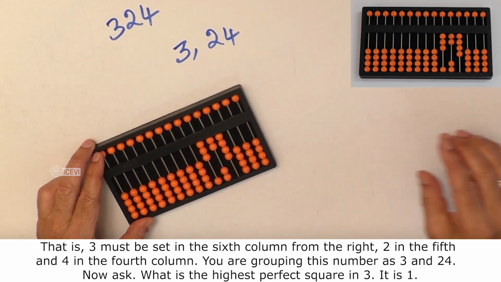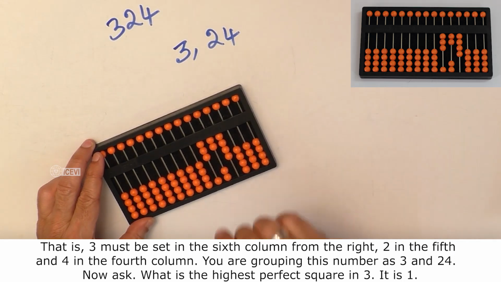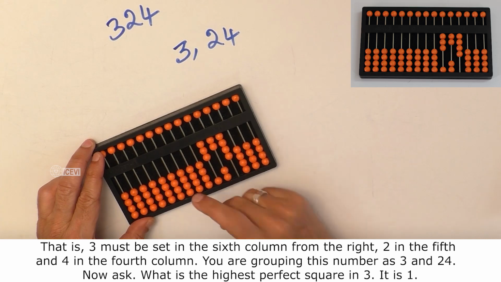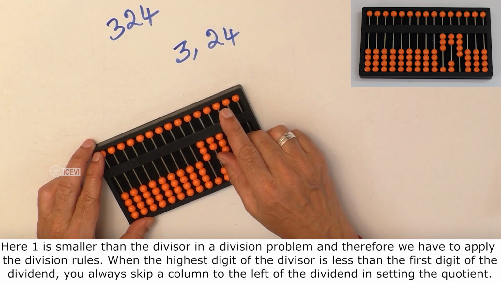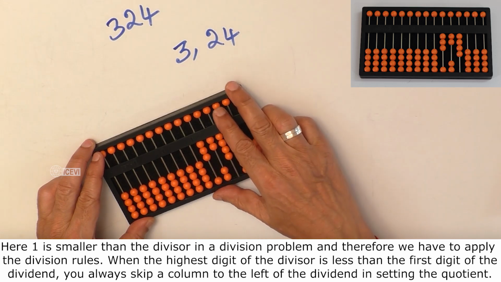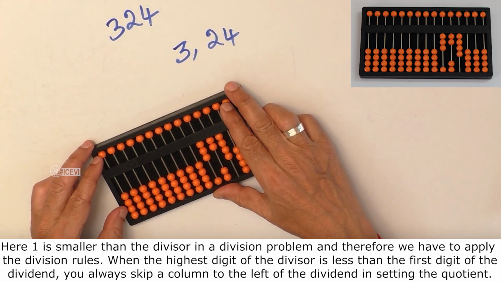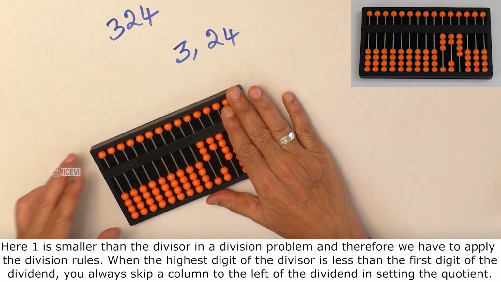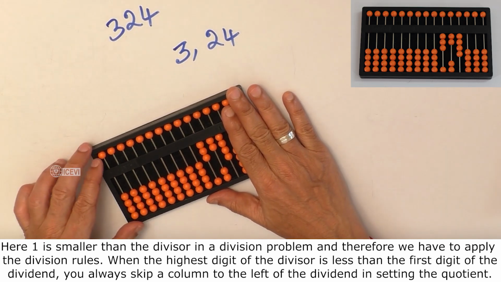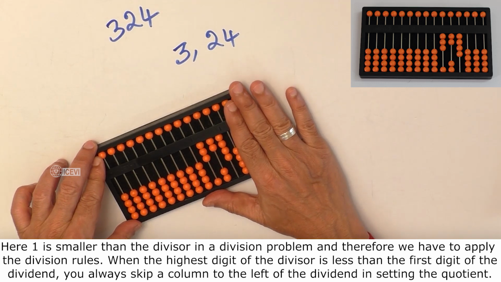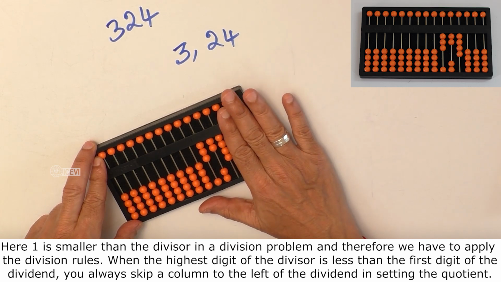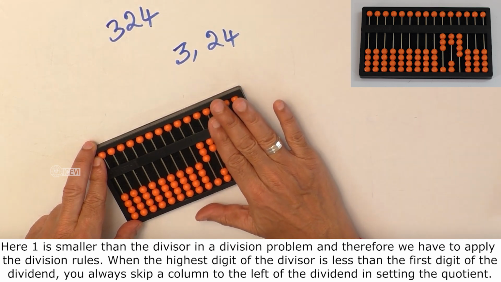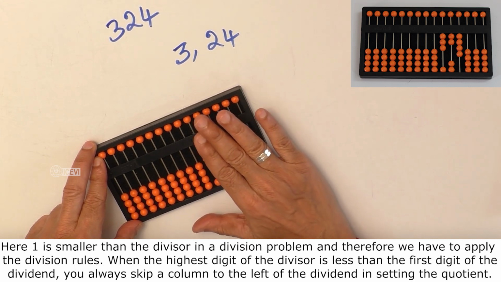Now ask, what is the highest perfect square in 3? It is 1. Here 1 is smaller than the divisor in a division problem, and therefore we have to apply the division rules. When the highest digit of the divisor is less than the first digit of the dividend, you always skip a column to the left of the dividend in setting the quotient.